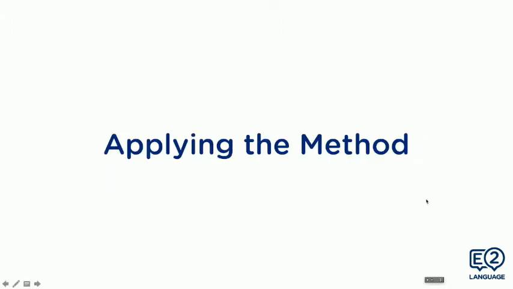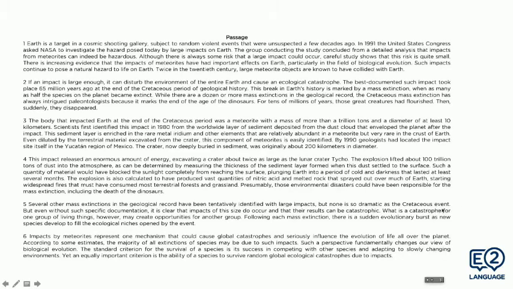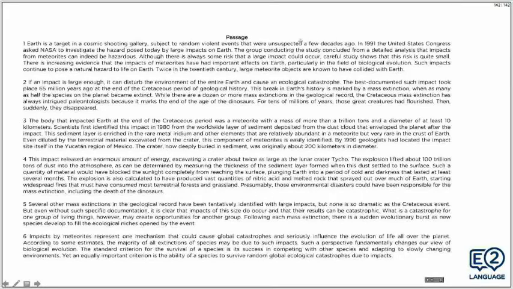So let's apply the method. Step 1, read the passage and take notes. Whoa, how do you do that? Because holy moly, there must be maybe 500, 600 words here. So there's a simpler way to do that, and that's to read each paragraph and write a mini summary.